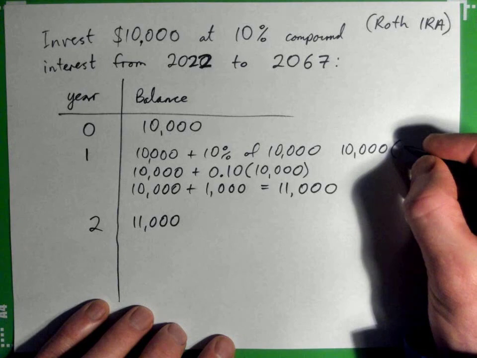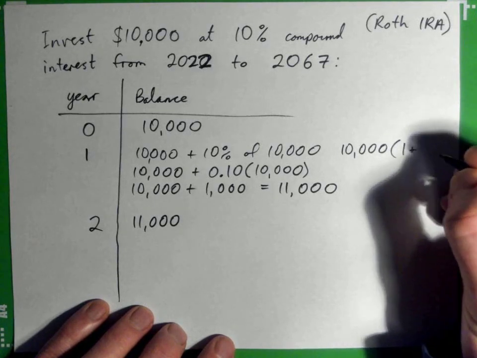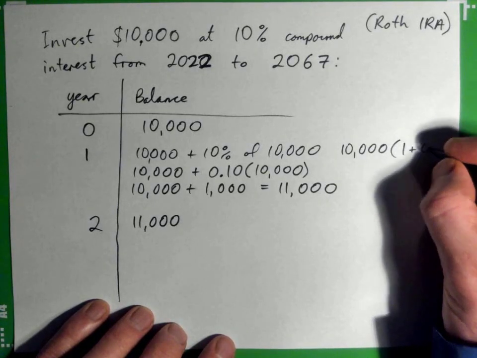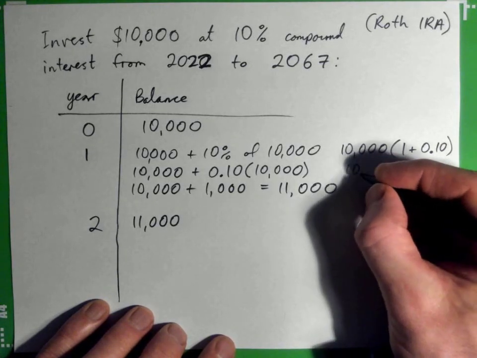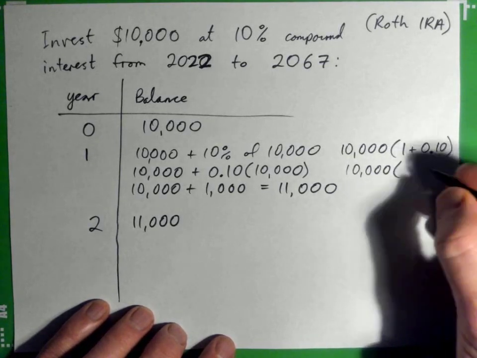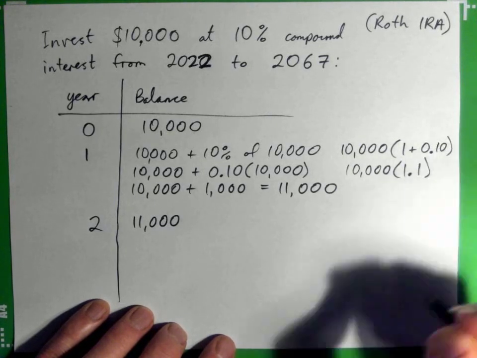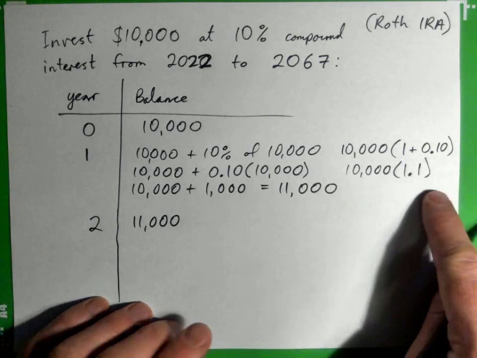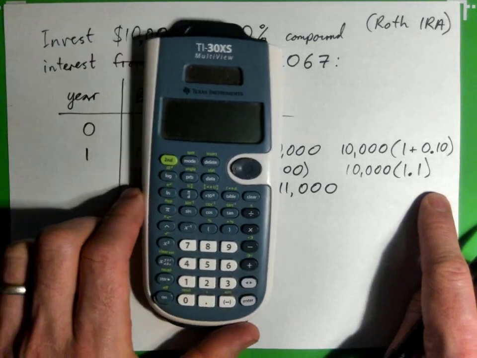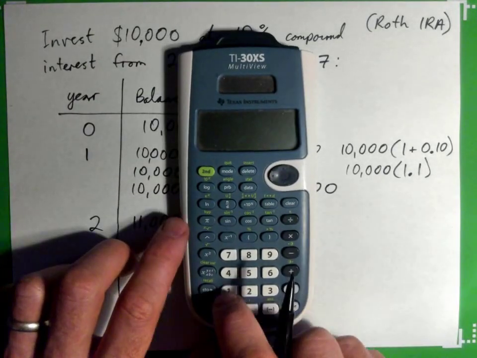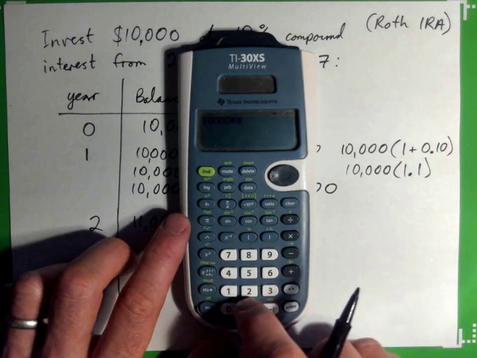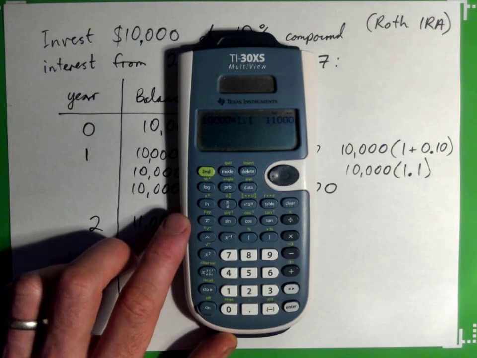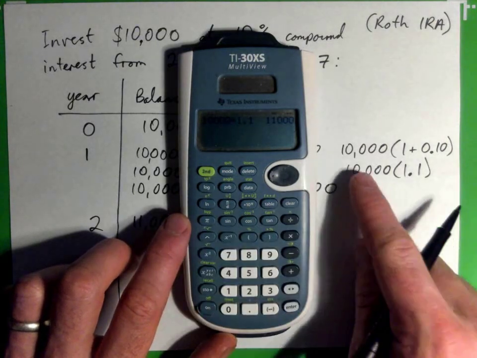Yeah, 1 plus 10% of that, or 0.10. Or you could just go 10,000 times 1.1, which gives us 11,000, all in one go, right?